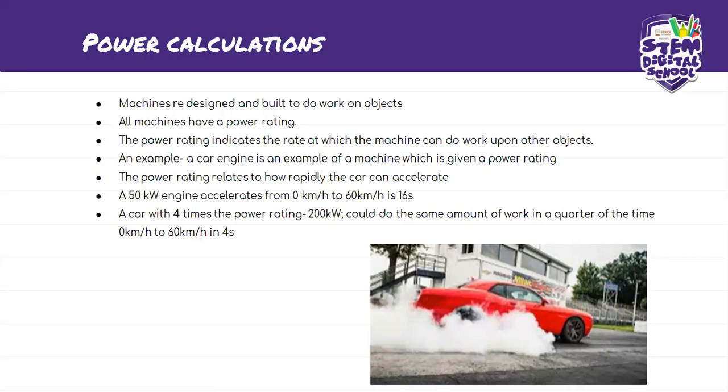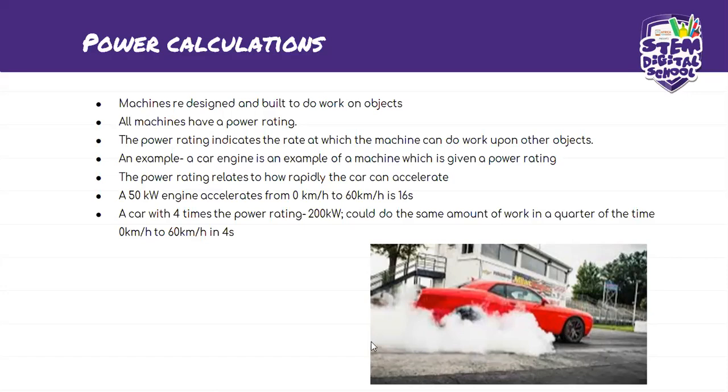Okay, so a car with 4 times the power rating, for example 200 kilowatts, could do the same amount of work in a quarter of the time, for example 0 to 60 kilometers per hour in 40 seconds. Okay, so the power, and you can see I have a picture here of something like if you put too much power, I don't know what the guys call it, exhaust or something like that.